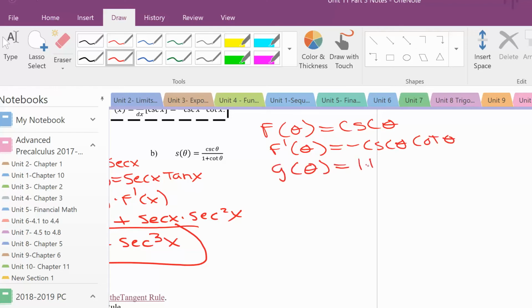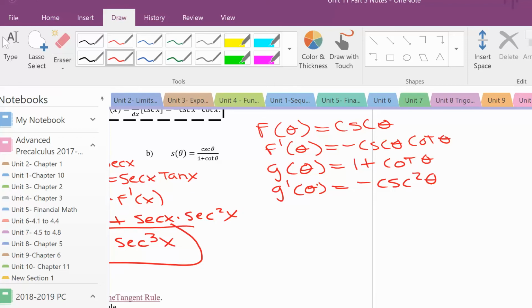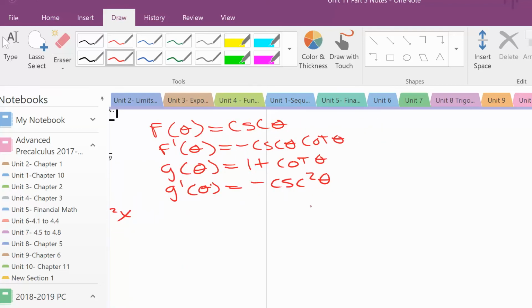G is 1 plus cotangent theta. G prime is equal to negative cosecant squared of theta. So remember, it's g f prime minus f g prime all over g squared for s prime of theta.